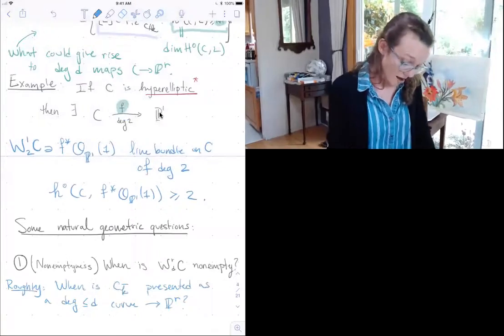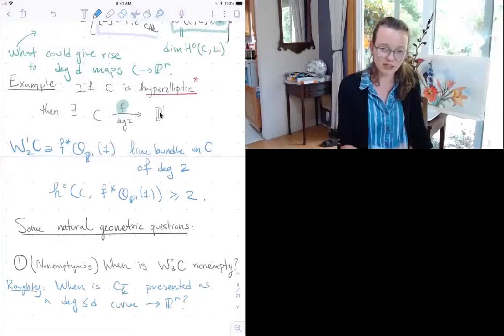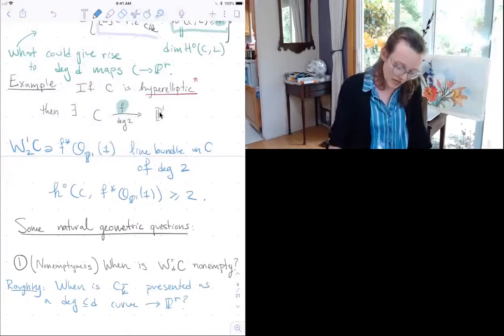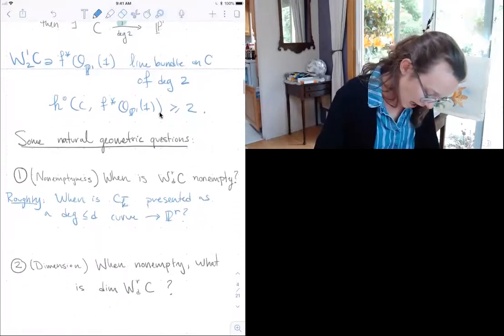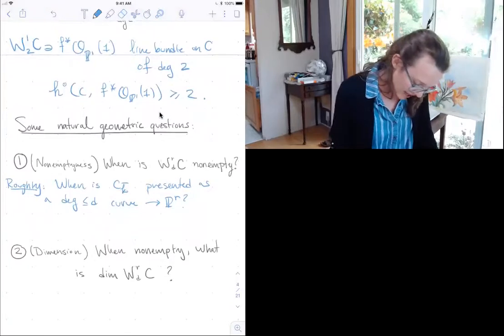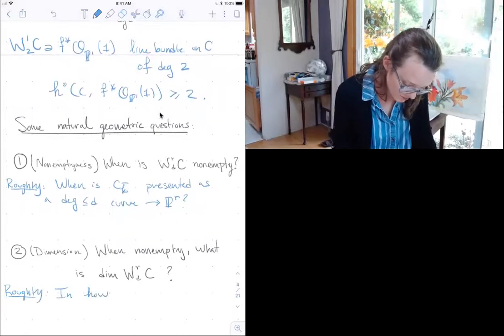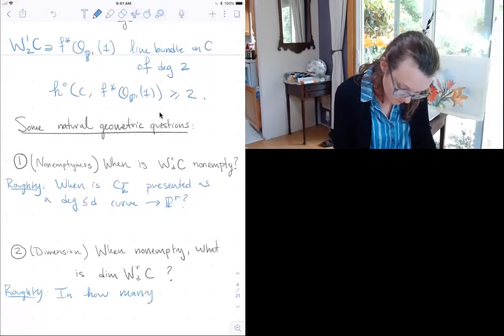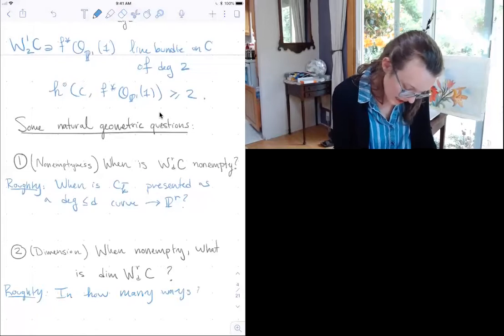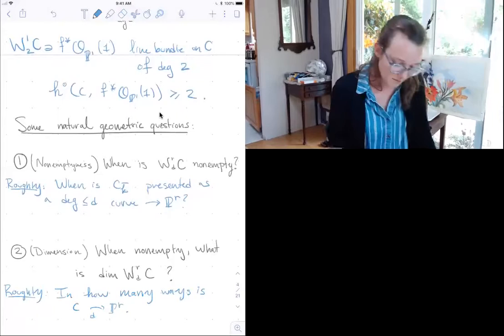Okay, and then if this variety is non-empty, so if C over K bar does admit such a presentation, then it's natural to ask what its dimension is, which is roughly saying in how many ways is this curve a degree D curve mapping to P^R?